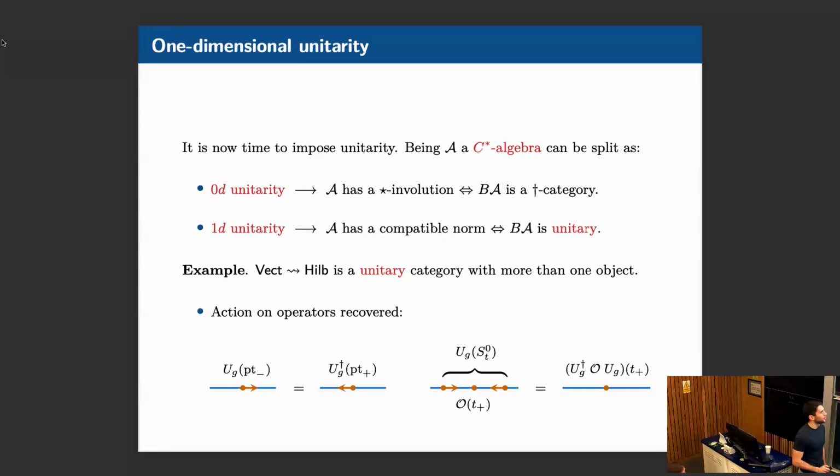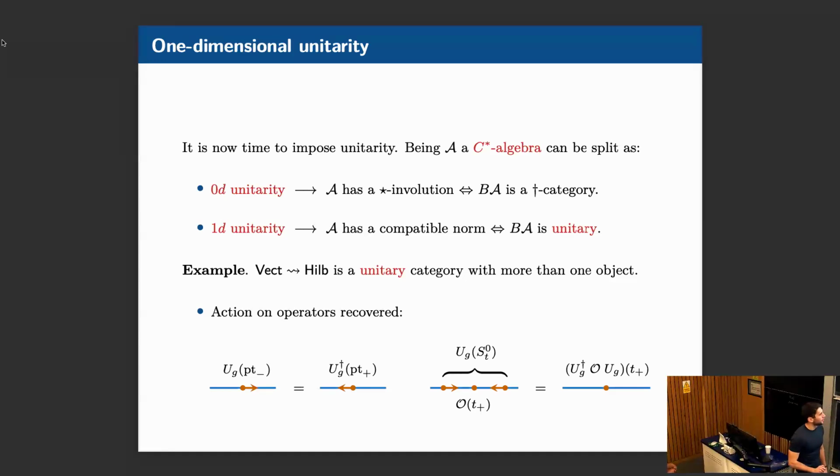So this is a definition that holds for generic categories. In particular, it holds for a category with just one object in this case, but it might hold for categories which have more than one object. And the standard case, which we're going to find useful later on, is the category of Hilbert spaces, which is essentially a revamped notion of the category of vector spaces, where now the objects are finite dimensional complex Hilbert spaces with a positive definite Hermitian matrix, which is what captures the notion of unitarity.